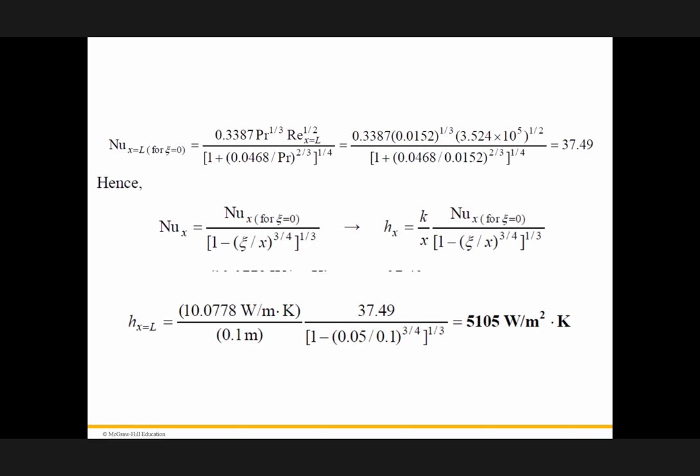What was it? 0.0468 instead of 0.05. Is it because it's actually that number in the first line? This is the correlation that you have in case your Prandtl number is less than 0.6.